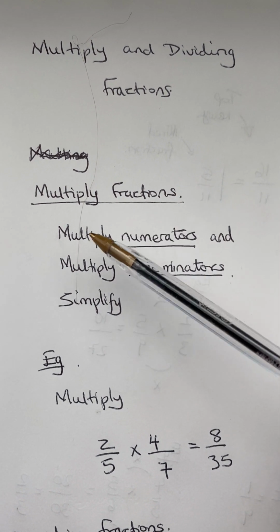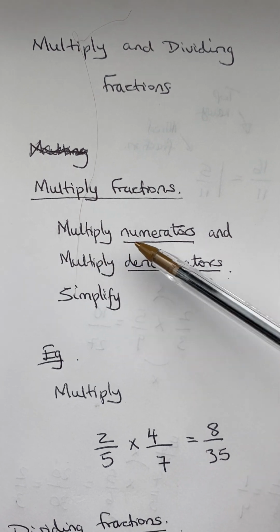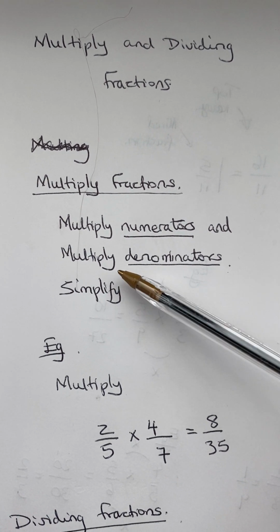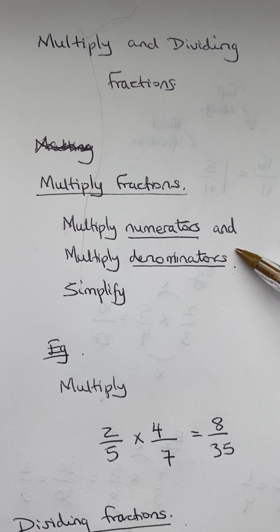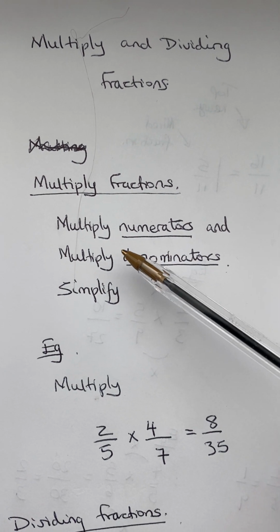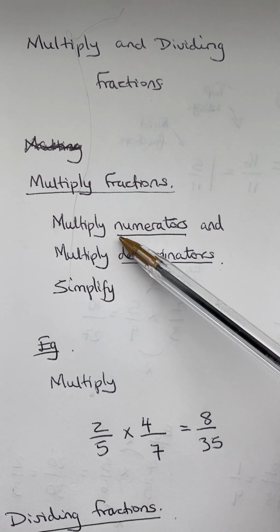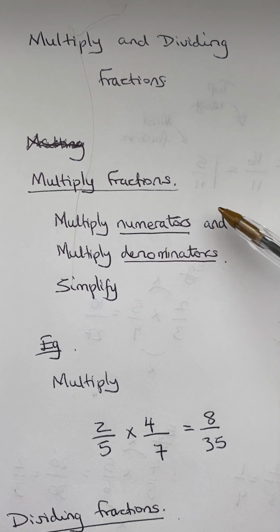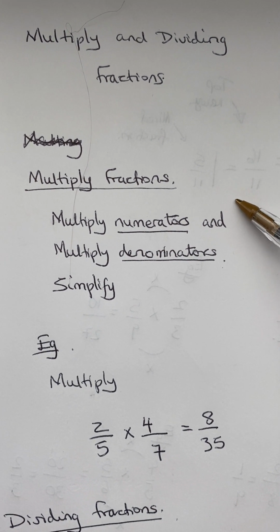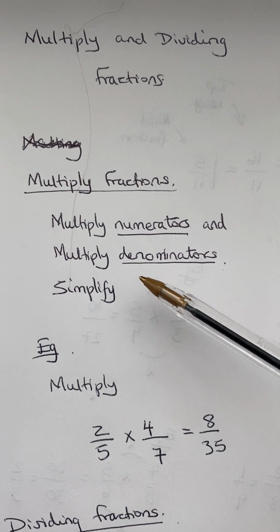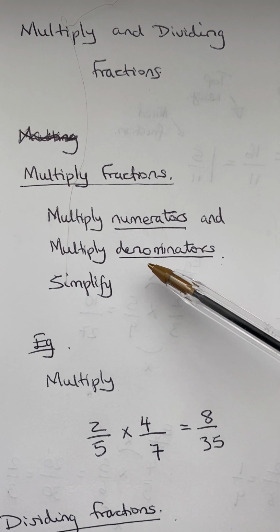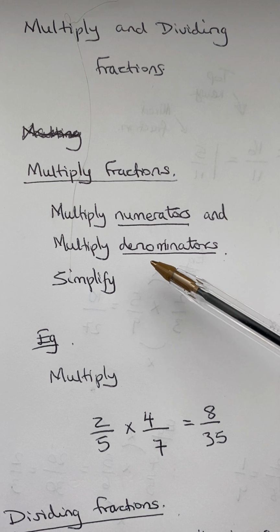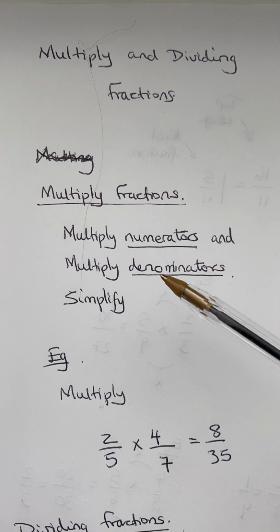If you have denominators of 7, you repeat the same denominator. If you are adding, you add the numerators, or you subtract the numerators. We do not add or subtract the denominators when you are adding or subtracting.